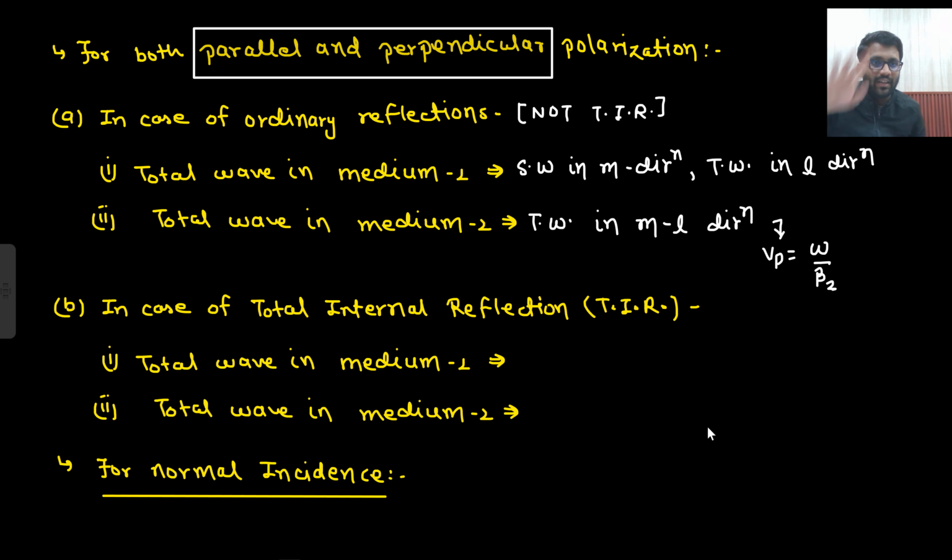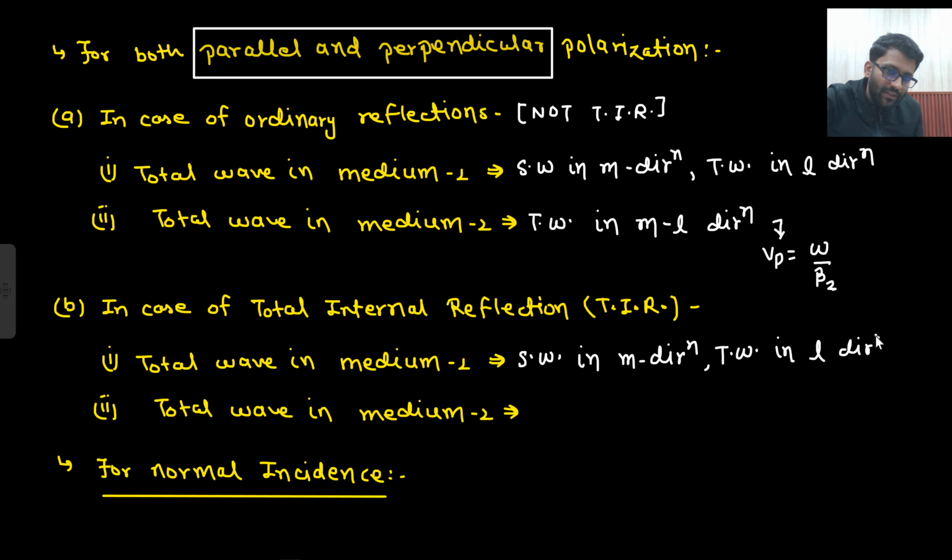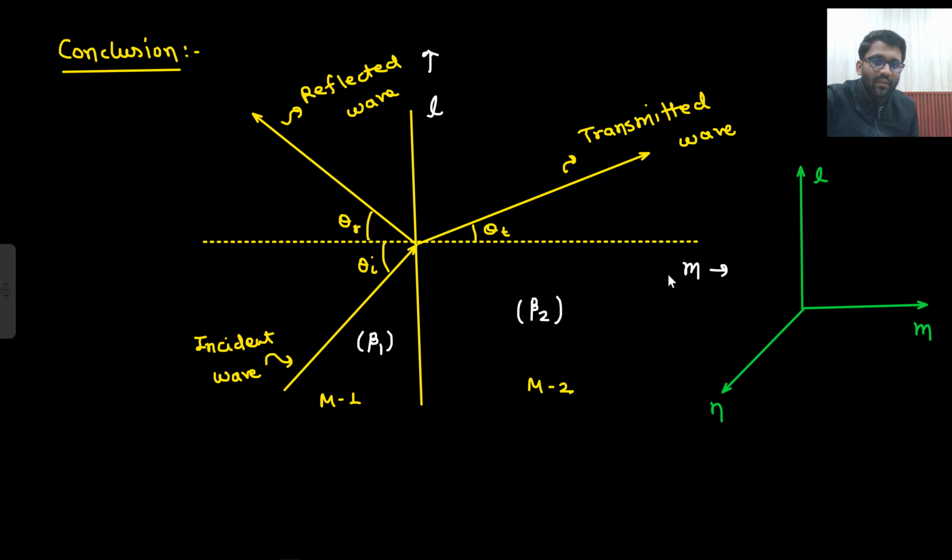But in case of total internal reflection, what happens? This remains the same: standing wave in M direction and traveling wave in L direction. But what about this one, the traveling wave? This doesn't become a traveling wave in M direction.